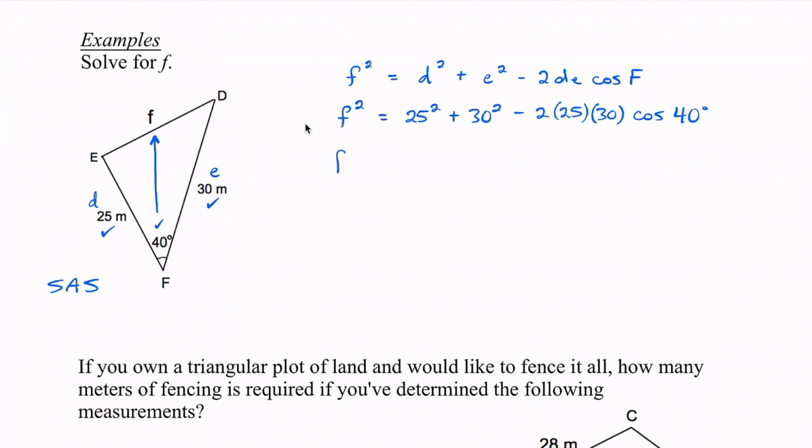Okay, and then we can just start to simplify this. So 25 squared is 625. 30 squared is 900, and then if I do this multiplication in there, 2 times 25 times 30, that gives me 1500.